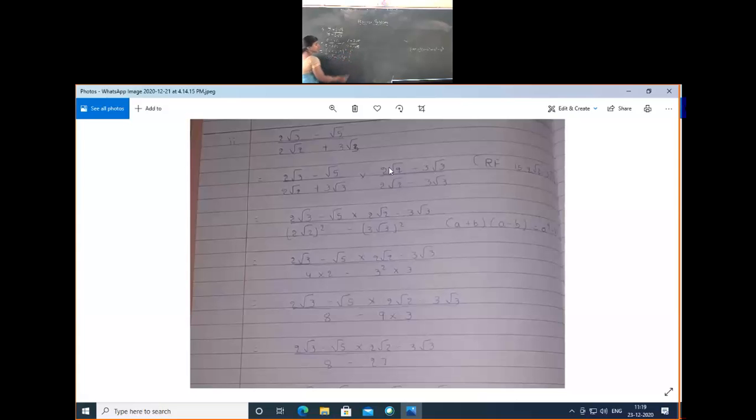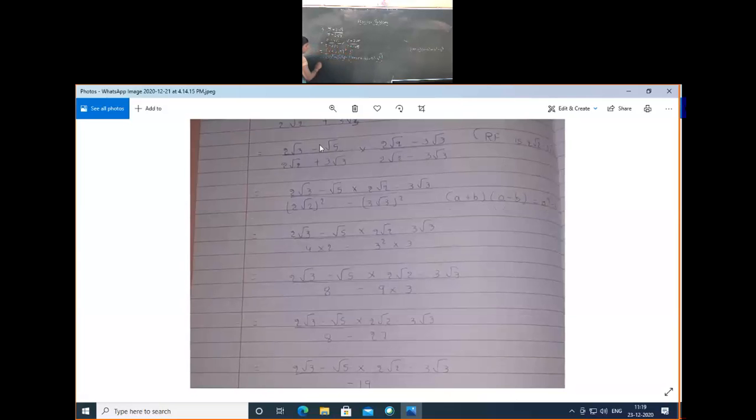In brackets, you can write the formula a plus b into a minus b equals a square minus b square. Next step: apply the a plus b whole square formula. That is a square, 7 square, plus 2 into a into b, where a is 7 and b is 3 root 5, plus b square, 3 root 5 whole square, divided by 7 square, which is 49, minus 3 root 5 whole square.